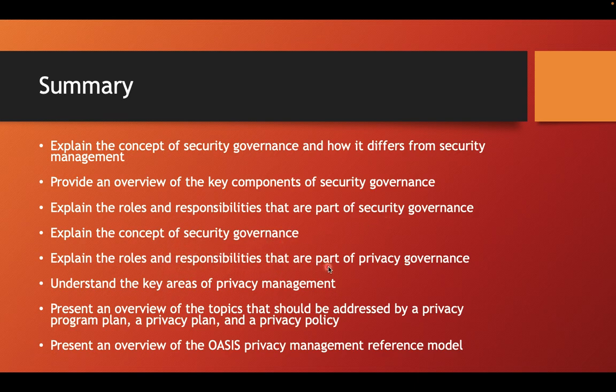We also looked at the roles and responsibilities that are part of privacy governance. We've also looked at key areas of privacy management, and addressed topics such as the privacy program plan, privacy plan, and privacy policies. And we also had an overview of the OASIS privacy management reference model.